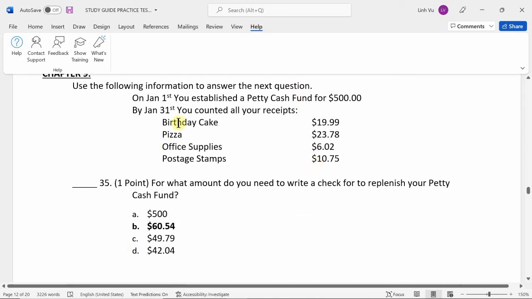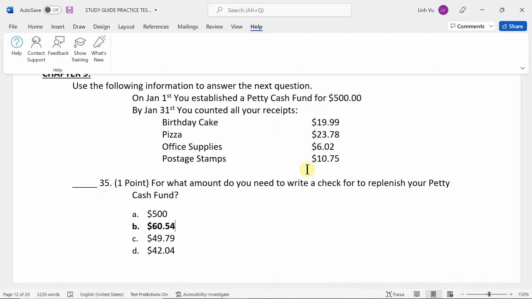Because in this case, this is how much money I spent out of my $500. If I have this much spent, how much do I need to put back into the petty cash drawer, right? You're going to calculate the total amount of your receipts and you're going to write a check for the total amount because you want to make sure that your cash box is equal to whatever you establish it at all times.